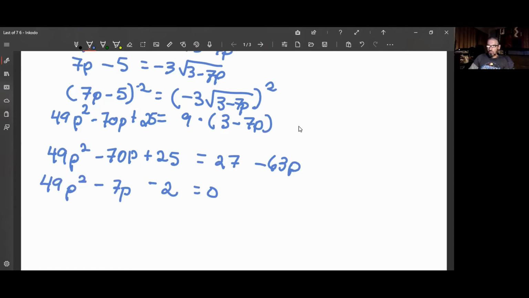To solve this new quadratic equation, you could use the quadratic formula or factor. I use something, when possible, called the AC method, followed by grouping.